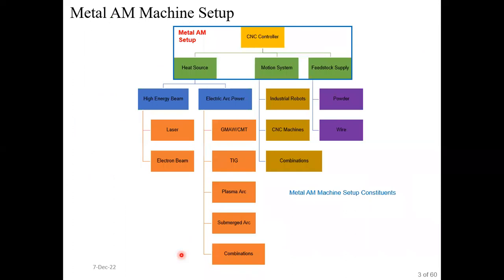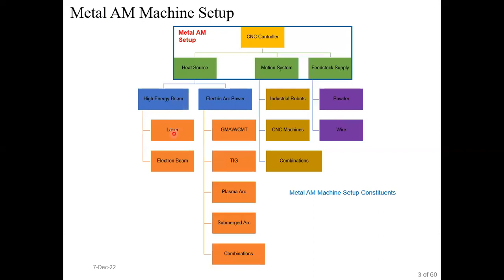In this slide, we can see that different constituent elements basically form a metal AM setup. Here we can see that the 3 main constituents are heat source, motion system, and feedstock supply. These 3 constituents are basically controlled by a CNC controller. In metal additive manufacturing process, the heat source comprises high energy beams and electric arc power.